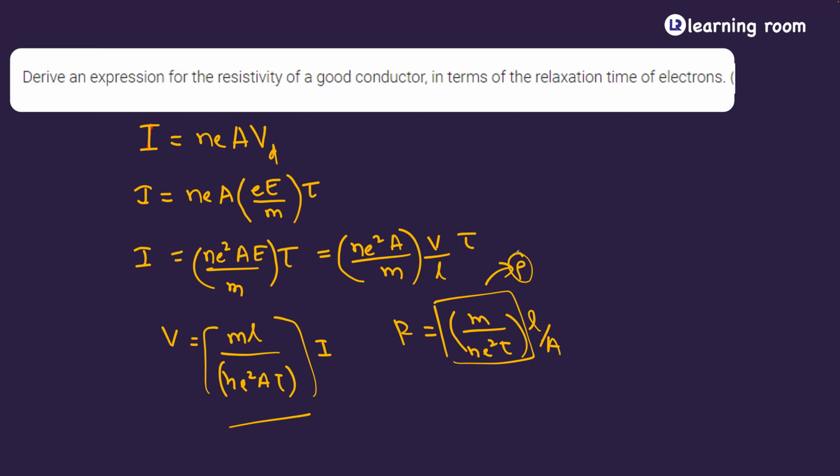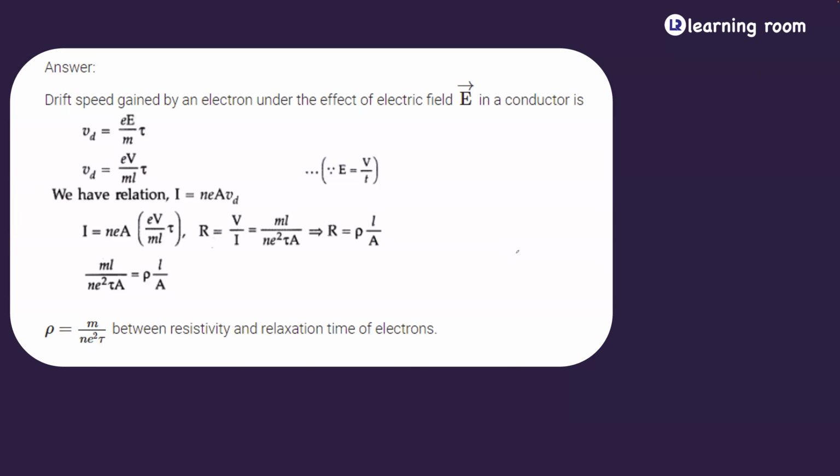You need to start from here only, basically by changing the drift velocity into e into capital E by m into tau and changing the electric field into V by L, you got that expression. That is the meaning. Right? Shall I proceed? Okay.